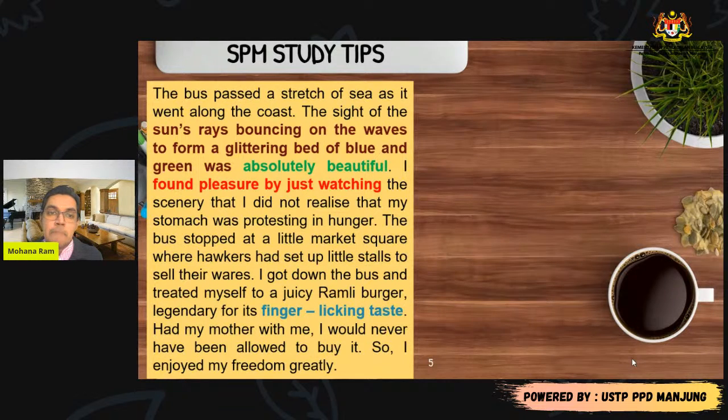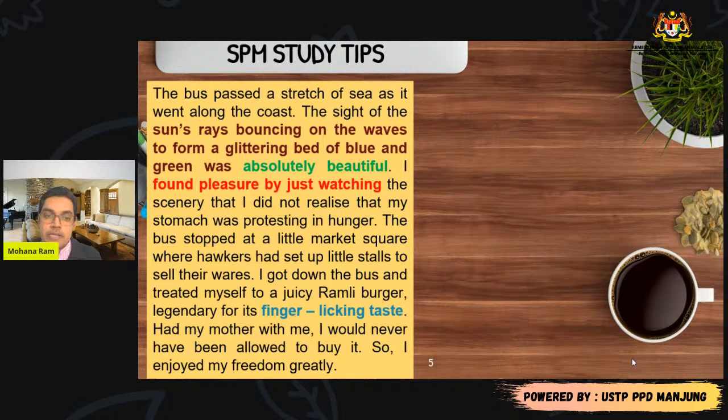The bus passed a stretch of sea as it went along the coast. The sight of the sun's rays bouncing on the waves to form a glittering bed of blue and green was absolutely beautiful. I found pleasure by just watching the scenery that I did not realize that my stomach was protesting in hunger.